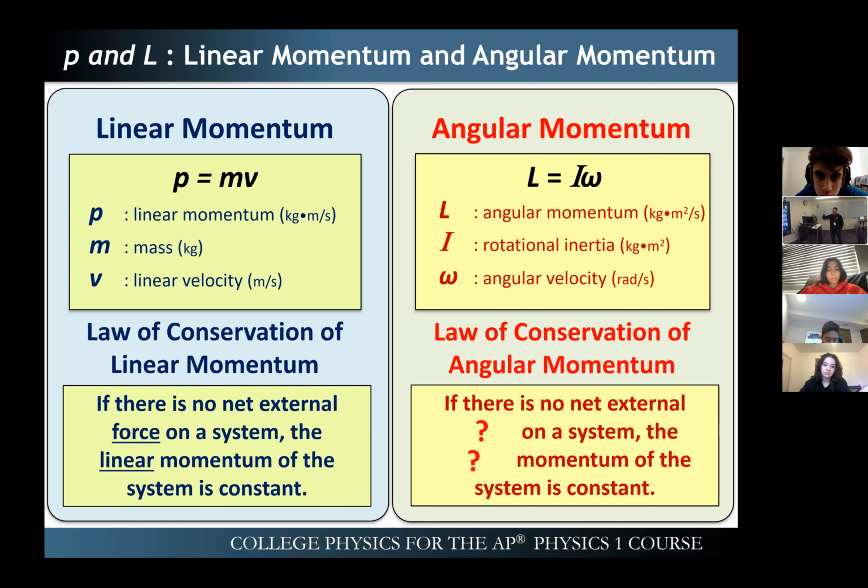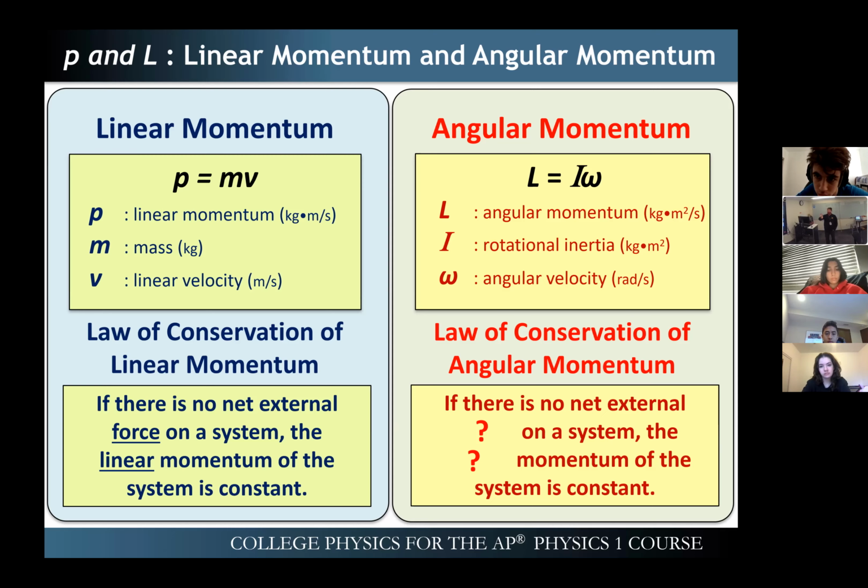And so if we compare them, linear is P for the variable equals the inertia in mass times the velocity in meters per second. Angular momentum is L for the variable, I for the rotational inertia times omega for the angular velocity. Both kinds of momenta are conserved. Now, what we mean by that is what we see below.